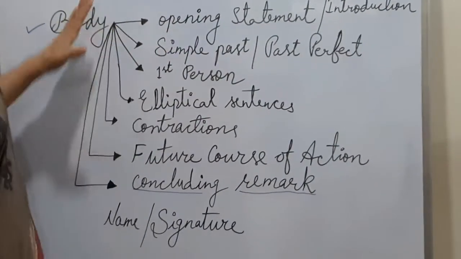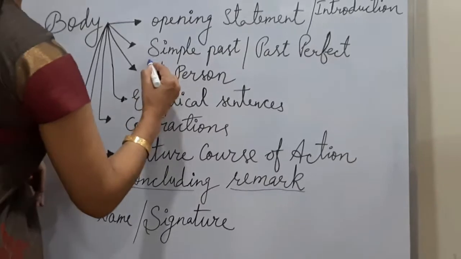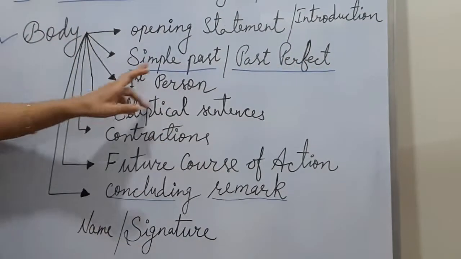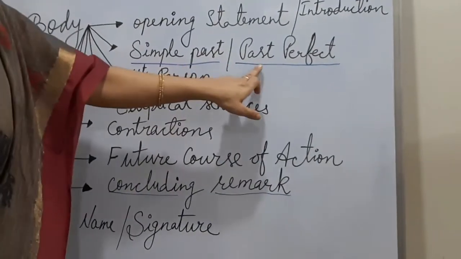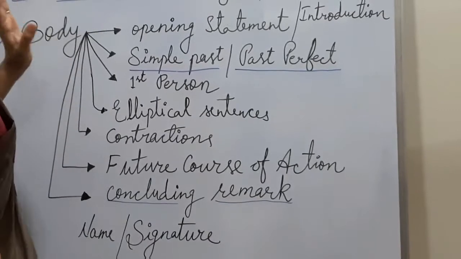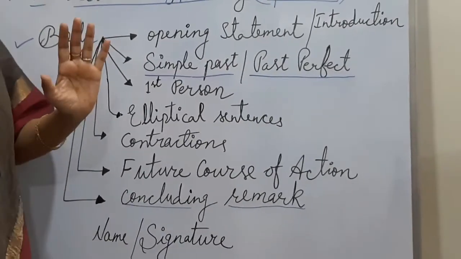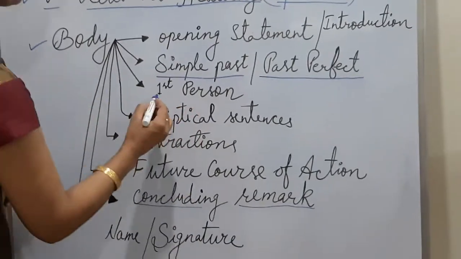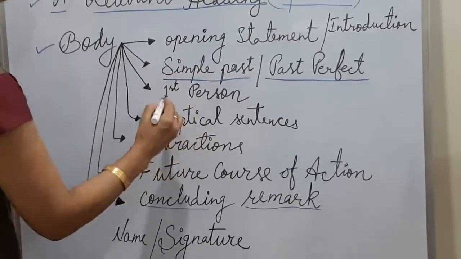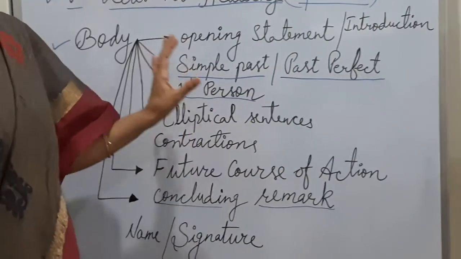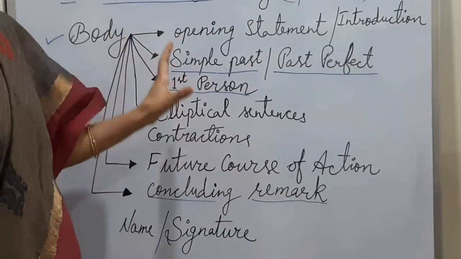The body of the diary entry should always be in the simple past tense or past perfect tense. Remember, use simple past or past perfect tense in the diary entry, and avoid using the simple present tense. Now the next one is first person. What is the meaning of first person here? I told you that a diary is a very private and personal document.